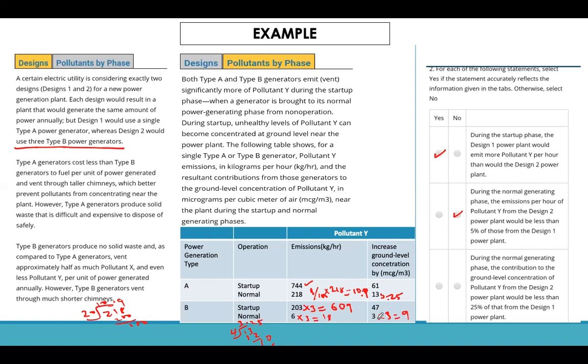If you had gone with 3, then 3 would definitely be less than 3.25. But in our case, we're being told 3. This one goes with 3 type B power generators. So 3 times 3 is 9, which is greater than 3.25. So there's no way that design 2 would be less than 25% of what design 1 power plant generates. All right, so definitely no.